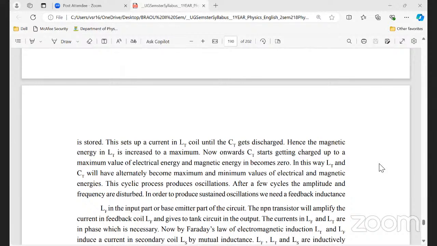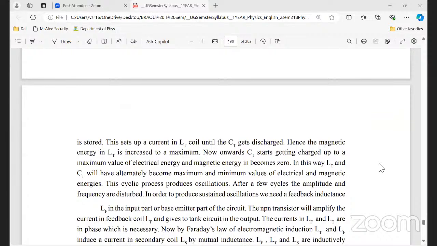The capacitor starts getting charged up to a maximum value, then the electrical energy and the magnetic energy become zero. Why? Because energy is stored in the capacitor as well as in the inductor. So LT will have alternating maximum and minimum values with respect to the electrical as well as the magnetic energies.